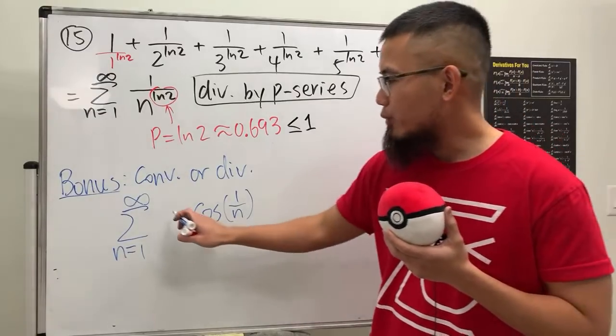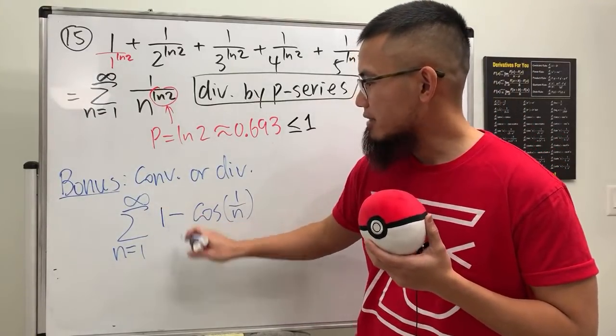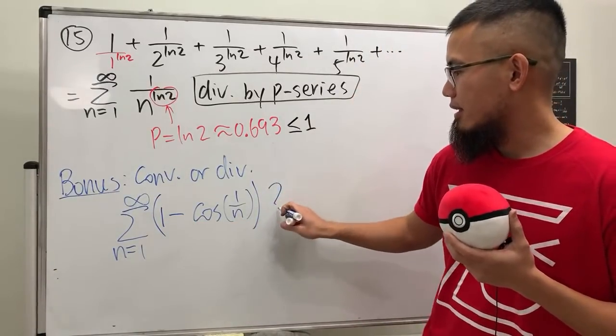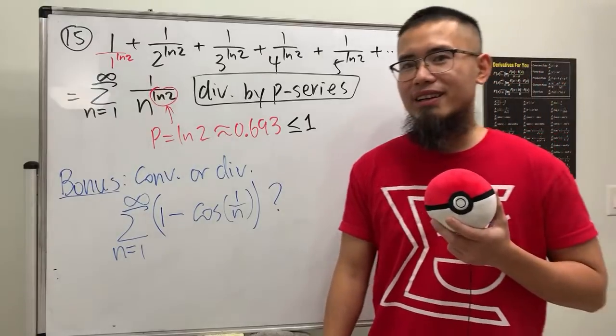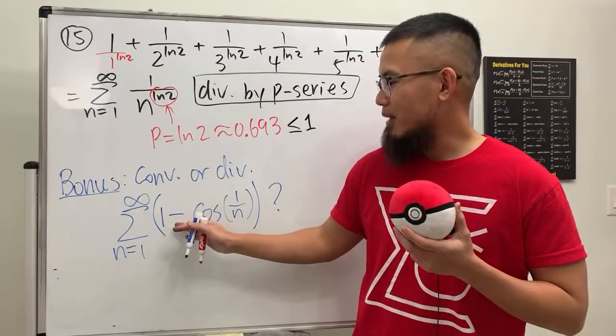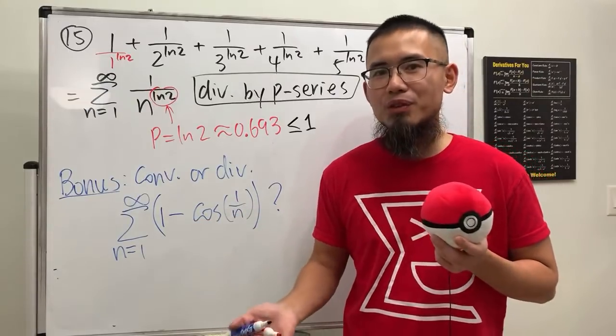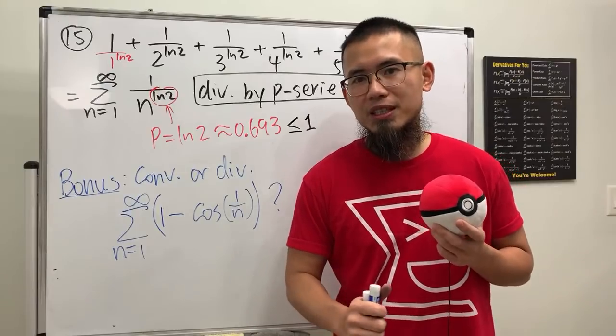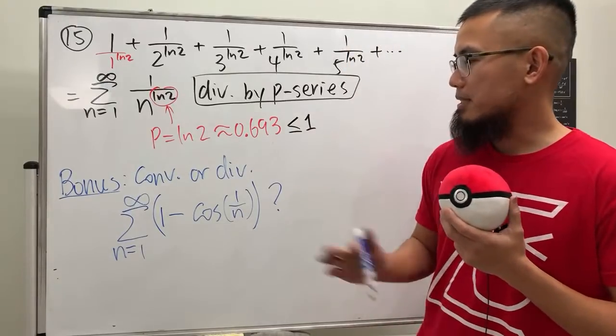But what if we have a 1 minus that? Now, if you want to use the test for divergence, 1 minus 1 will actually give you 0, so the test for divergence does not work. Does this diverge?